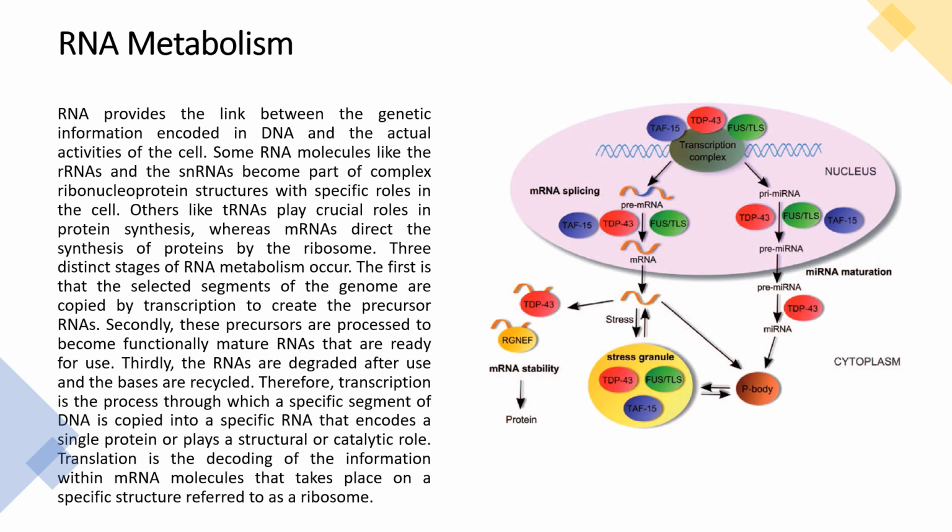Therefore, transcription is the process through which a specific segment of DNA is copied into a specific RNA that encodes a single protein or plays a structural or catalytic role. Translation is the decoding of the information within messenger RNA molecules that takes place on a specific structure referred to as a ribosome.